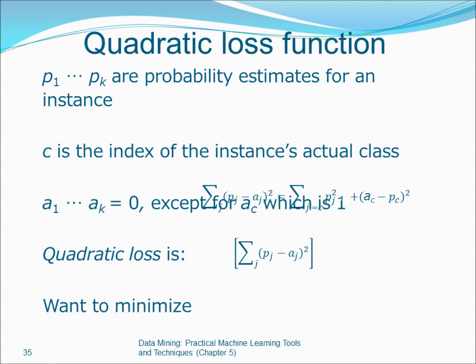So simple as this. If you have k different classes, and your actual class is C, ideally, you remember the confusion matrix. Let's say just k equals 2, ideally you only have 0 and 1. If it's the right class, you have 100%. If it's the wrong class, you have 0%. This is the ideal case.